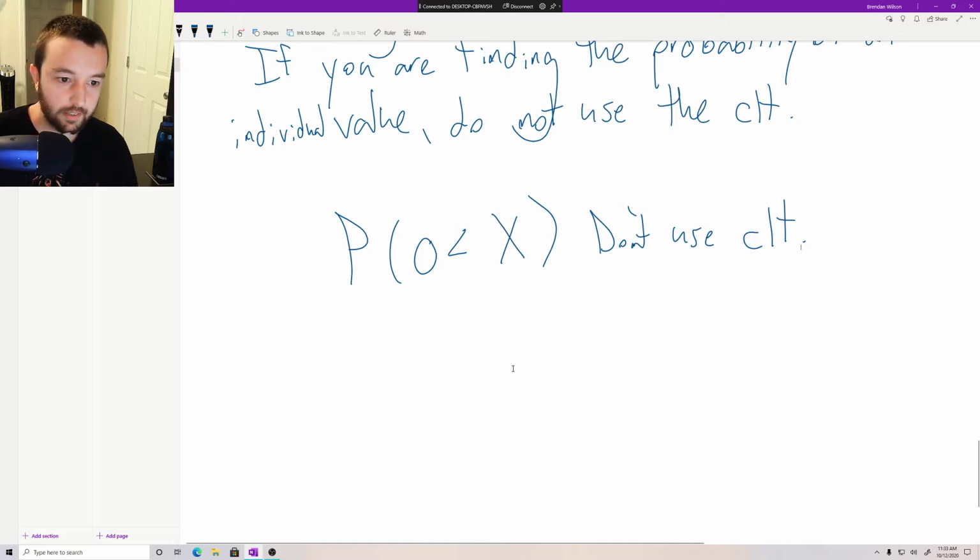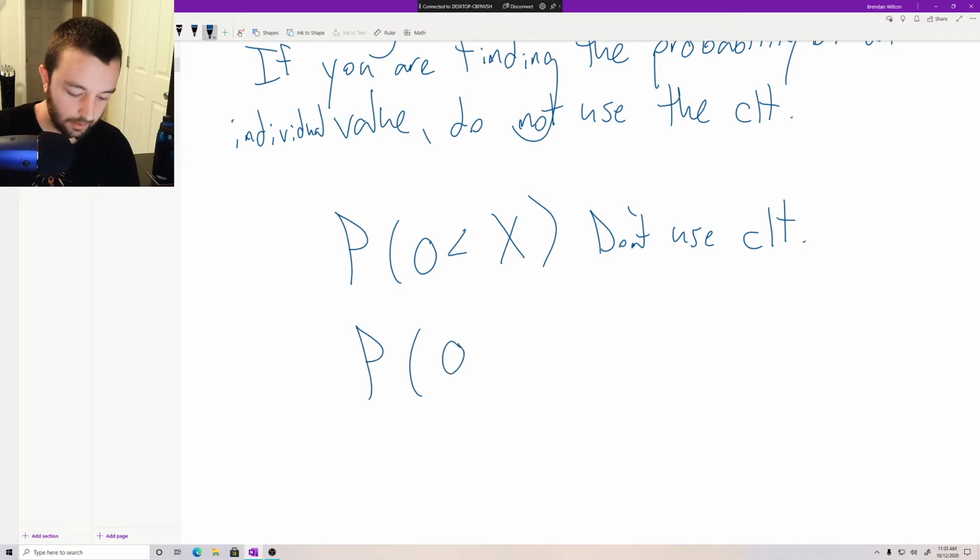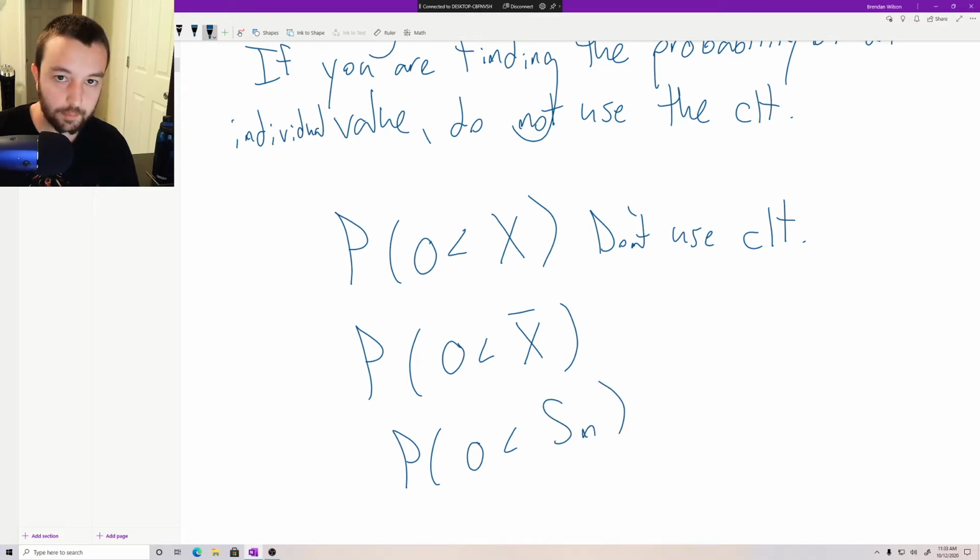However, if we're finding the probability that x bar is greater than 0, or the probability that Sn, or sigma n if you prefer, is greater than 0, here we would use CLT.